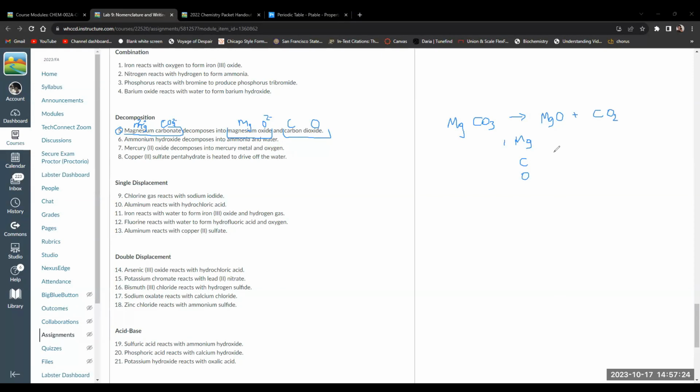We have one magnesium on the reactants, one magnesium on the products, one carbon here, another one carbon here, three oxygens here, and then we have one oxygen here with the magnesium oxide, and two oxygens here with the carbon dioxide, which gives us a grand total of three. So this one came balanced already. Pretty easy, thankfully.